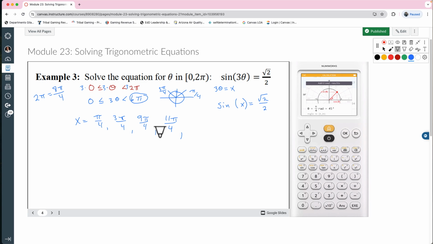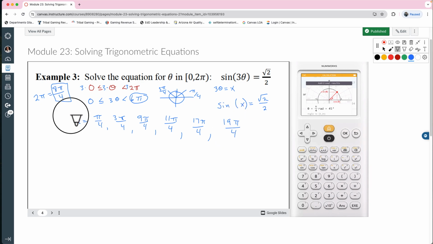So that's one time around the circle. And then we've got one more trip to make to get to 6 pi. So we add 2 pi to each of these two terms, 9 pi and 11 pi. And again, we still use this 8 pi over 4. 8 divided by 4 is 2, so that's 2 pi. 9 plus 8 is 17 pi over 4, and 11 plus 8 is 19 pi over 4.